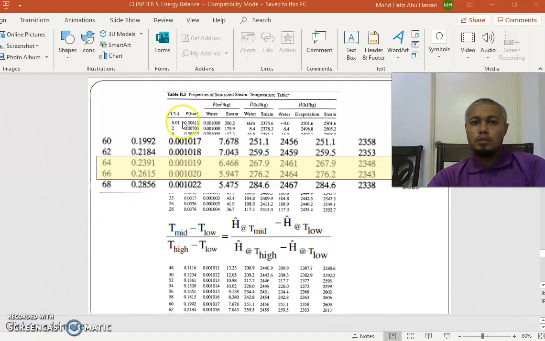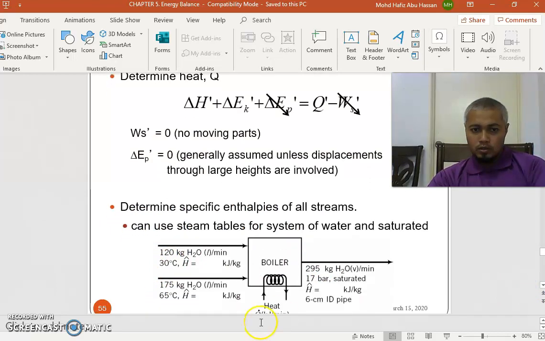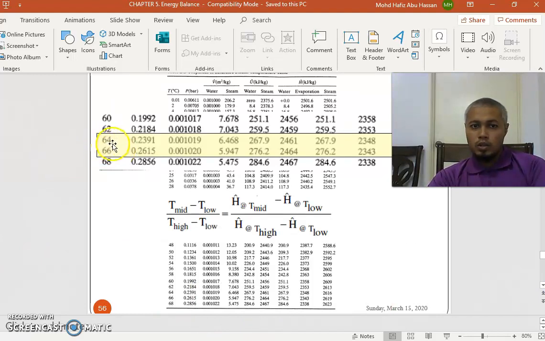If we go to table B.5 to find the value of inlet, we have 30 degrees C and also 65 degrees C. So we need to do interpolation because we don't have 65 degrees C here. We have 64 and 66.